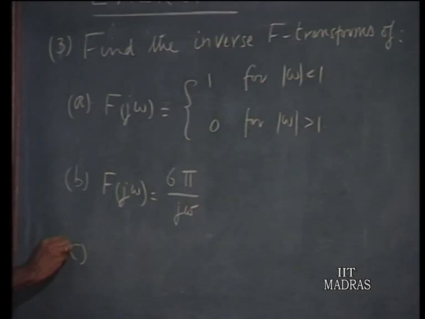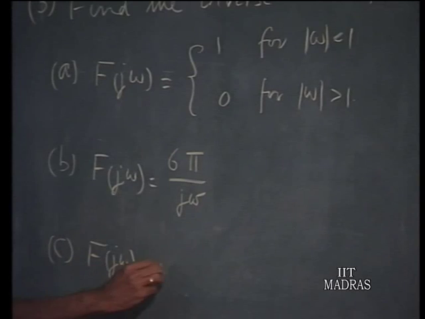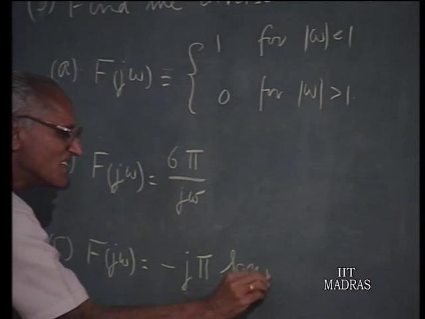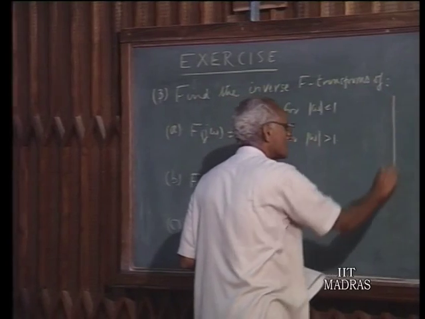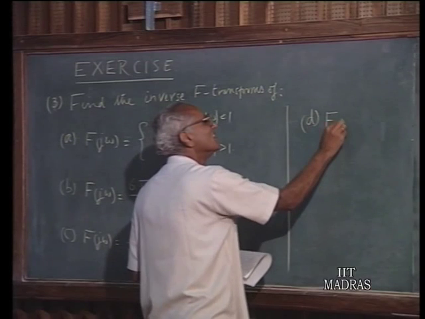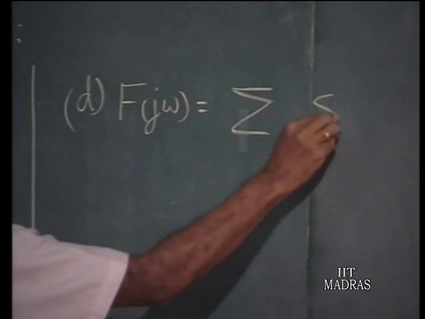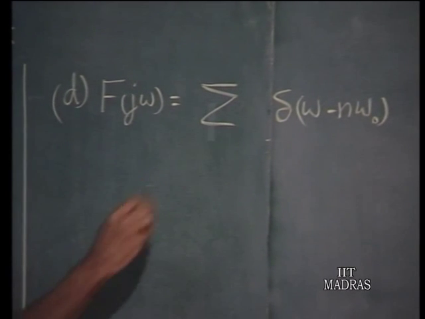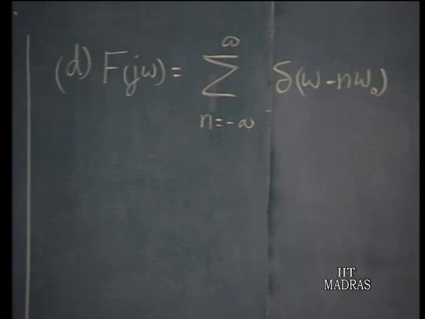C, F of j omega equals minus j pi times the signum function of omega. D, F of j omega equals a set of impulse functions periodically occurring at intervals of omega naught.